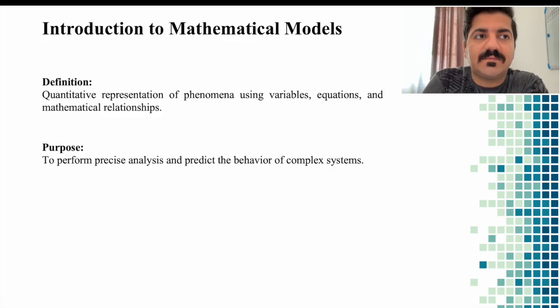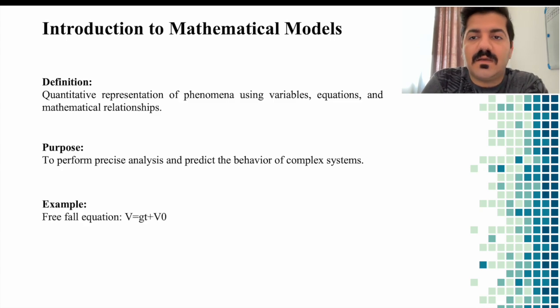First, I should say that mathematical models turn guesses into exact numbers. It means changing the answer "probably around" to precisely 7.52 meters per second.